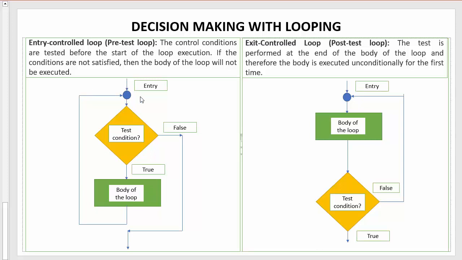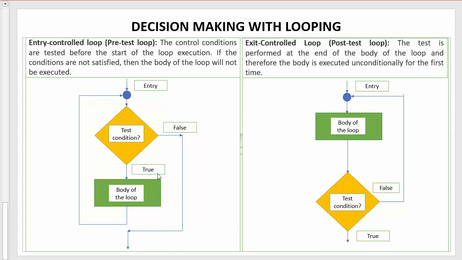Then control comes back to the condition. If the condition is true, control again comes inside the body to execute the set of statements, and then goes back to the condition. This process continues until the condition becomes false. The moment the condition becomes false, control will not come under the body of the loop, but will come outside of it.